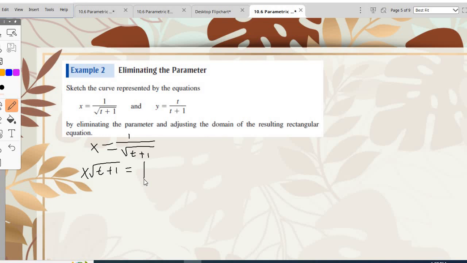I'm solving for t. What do I need to do next? Well, I already have that, right? That's what I started with. So I'm trying to get the t by itself. So instead of dividing by that, what do we want to divide by?